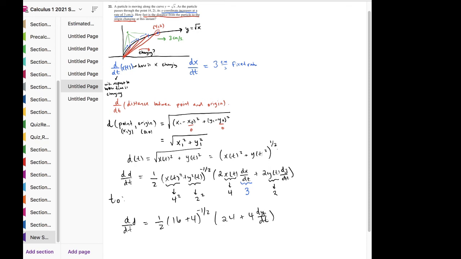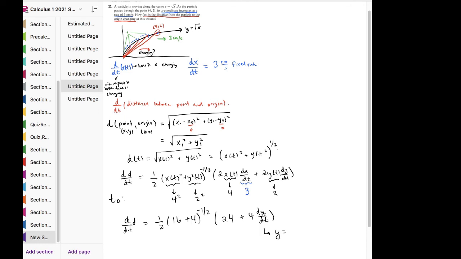What's one thing we haven't addressed? Look at the question again. What's the one thing we haven't used? The function, yeah. What is the function?